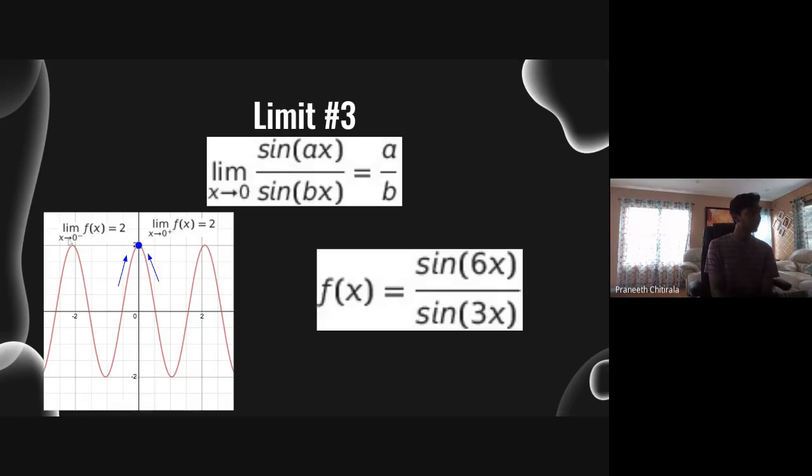Just to calculate this ratio right here, 6 over 3 is 2, obviously. So we see here from the left side it approaches 2, and from the right side it approaches 2. So that's that. As a result, the whole limit itself approaches 2.